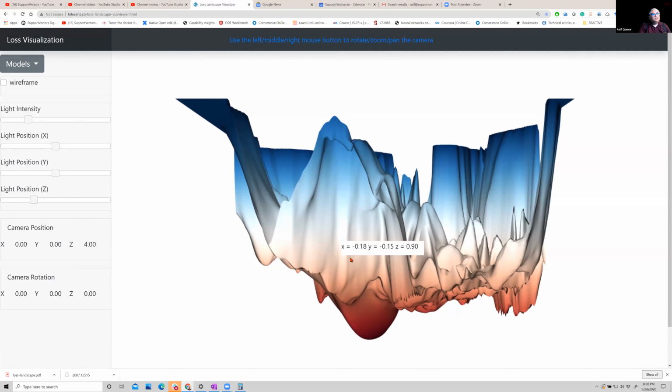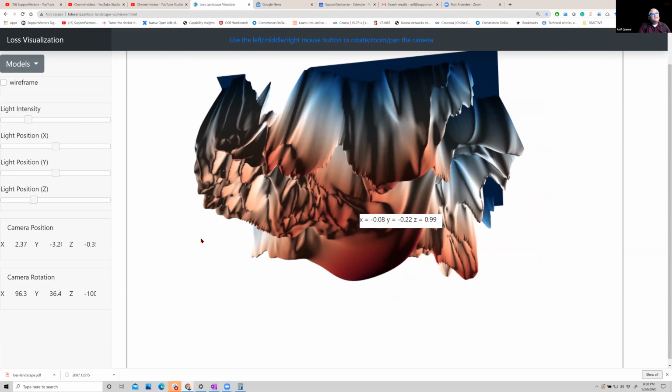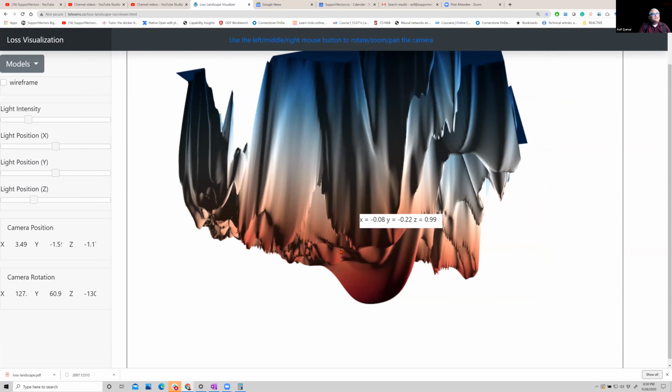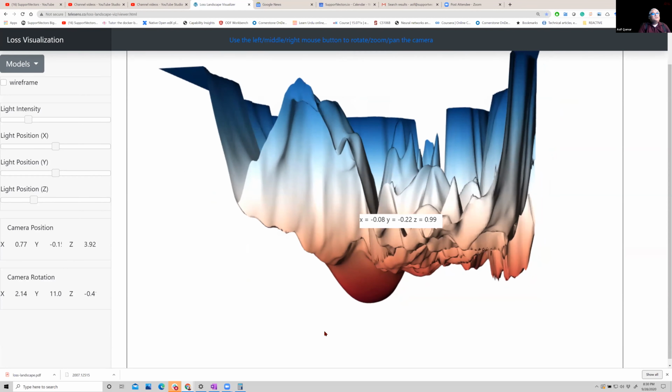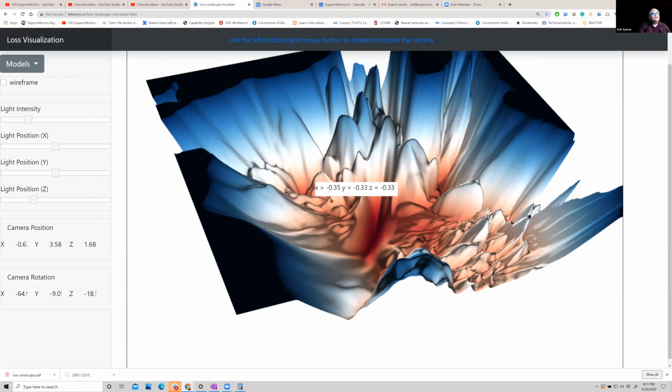So look at this, guys. First, before I go into this, look at this loss surface. What can you say about this loss surface? It seems to be infested with a lot of local minima. Do you see that?